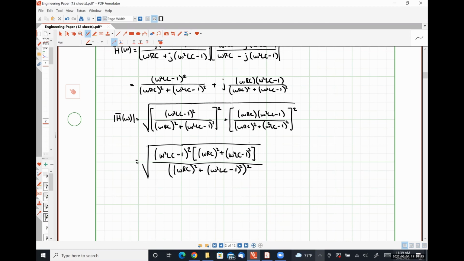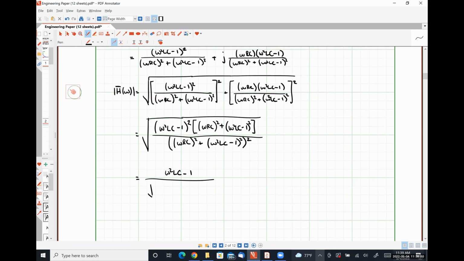Obviously, when we square this square, we're going to have a fourth power of this on the left. When we square this, we're going to have it squared. Take that squared out of both sides, giving us this. And finally, that is going to give us omega squared LC minus 1 over the square root of omega RC squared plus omega squared LC minus 1 squared.